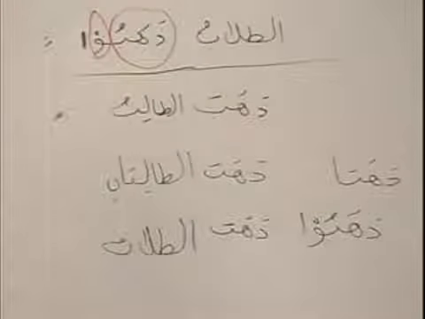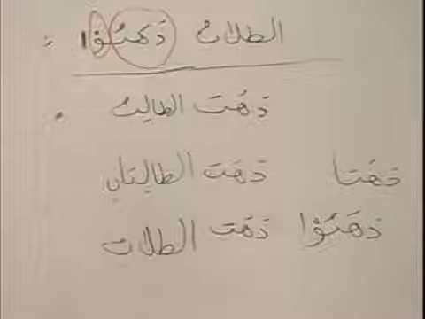But if you start a fresh sentence, and the fa'il is third person, huwa, huma, hum, hiya, huma, hunna, then the verb is always singular. Did you get it? See here. ذهب الطالب, ذهب طالبان, ذهب طلاب. The verb is singular, only at the beginning of a new sentence.